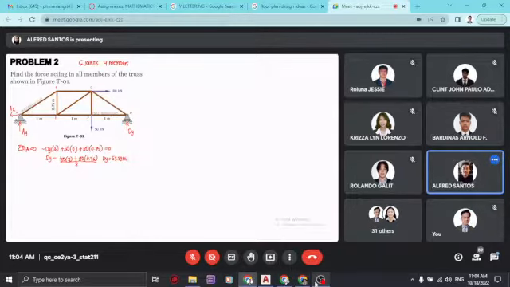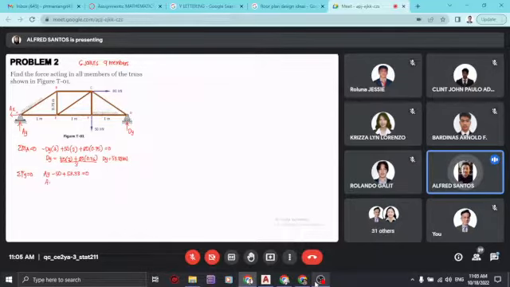Tama? Opo, sir. Okay. And then using summation Fy is equal to 0. So your Ay is upward, positive. Assumption lang natin yan, no? And then minus 50, which is the external load, and then plus 53.33 is equal to 0.